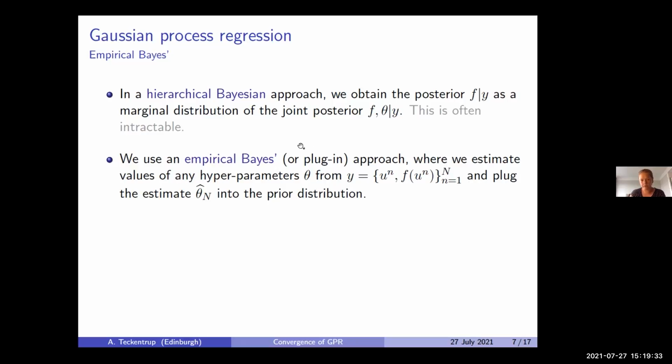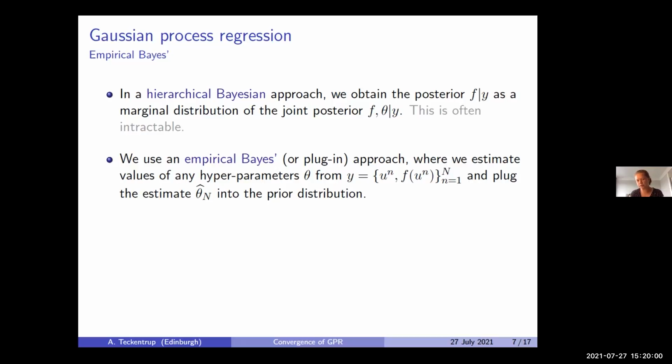So an alternative to this that is often used in practice because it's computationally more tractable is empirical Bayes. So in empirical Bayes, what you do is you use your data, which is all that you know about your function f, and you use that to estimate a value for the hyperparameters. So that gives you an estimated value theta hat n.